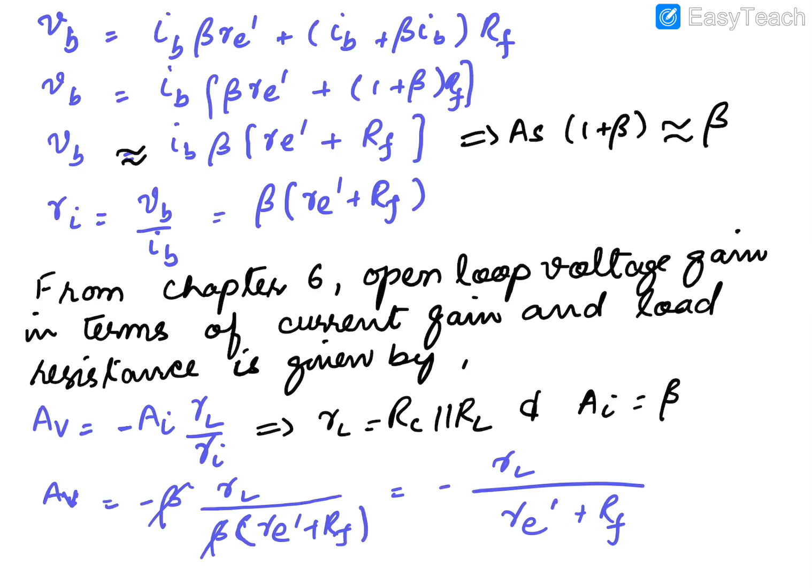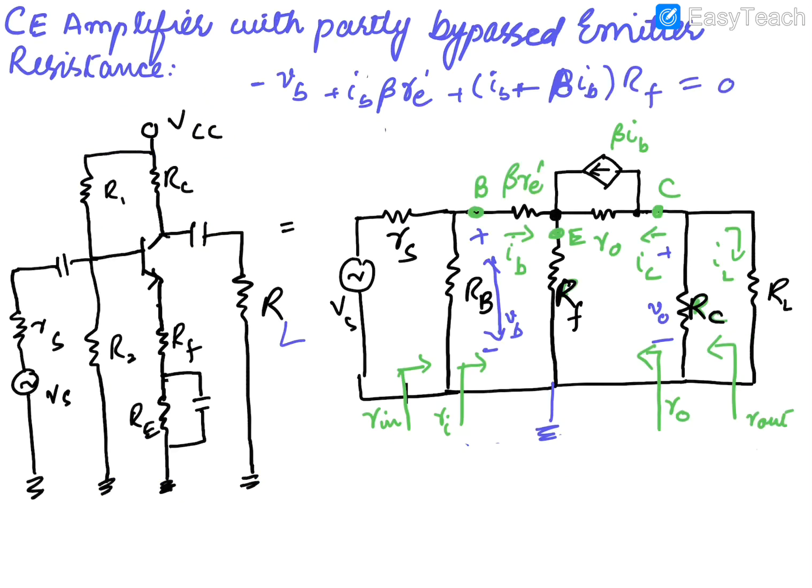In this case we have seen the same, that IL is flowing in this direction but IC is flowing in this direction and IB is in this direction. So the output voltage will be 180 degrees out of phase with respect to the input voltage.